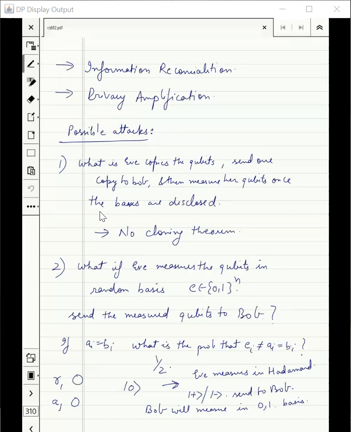Sending multiple messages might anyway be dangerous, because if I detect, let's say you send it 10 times, the first 6 times I try with Hadamard basis as well as standard basis. If on Hadamard basis it comes out to be two different outputs, then I know that you want to send in the standard basis, so I know which basis to measure.